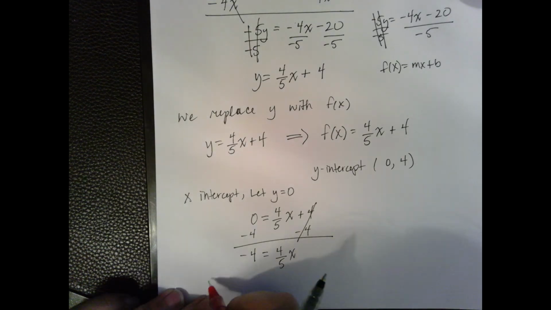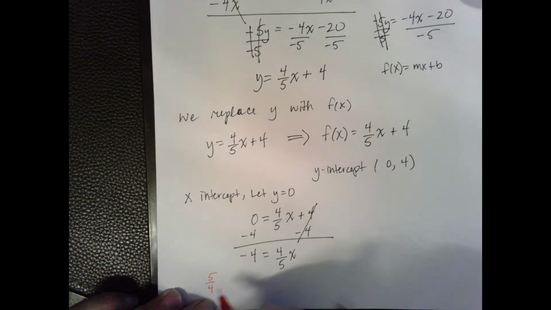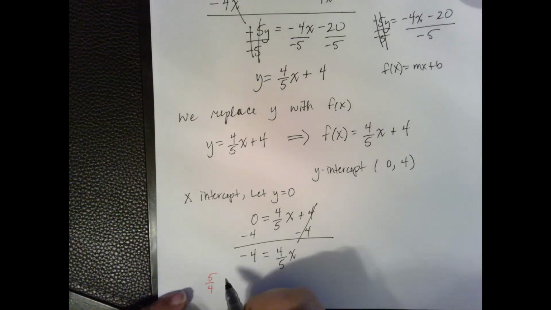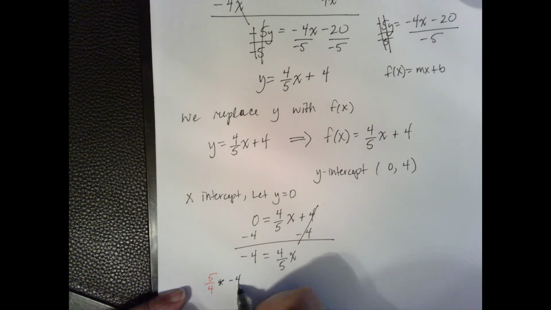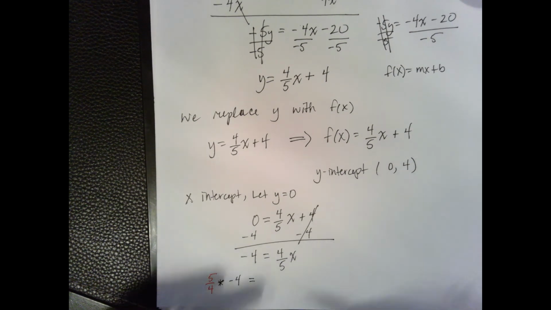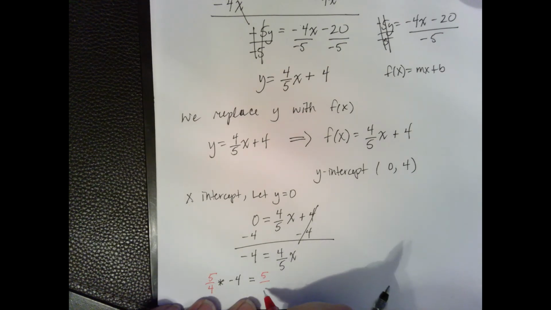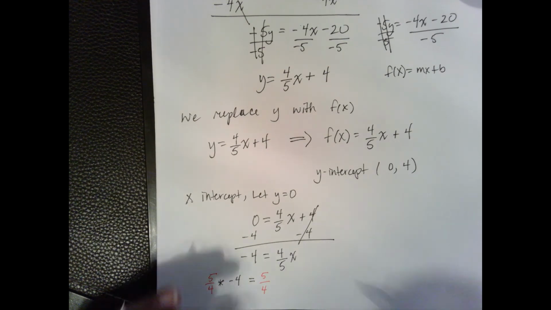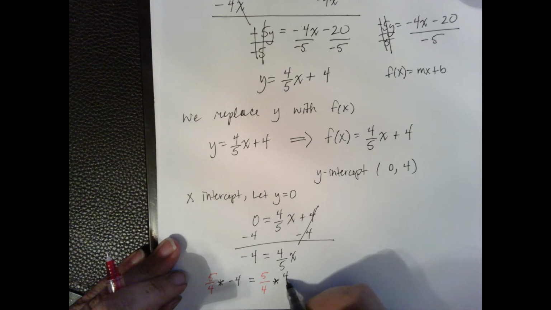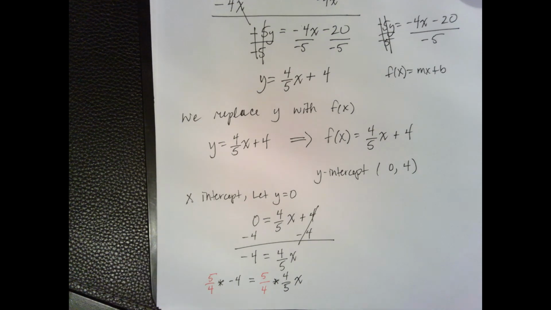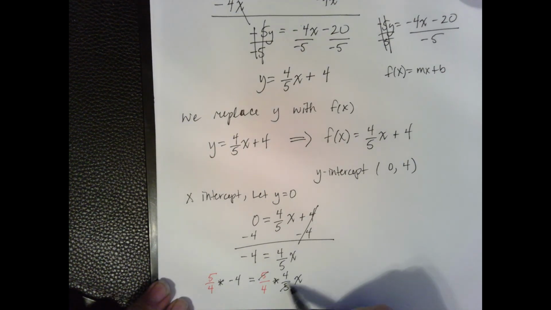So I am doing 5/4 times negative 4 equals 5 over 4 times 4/5 x. Okay. Remember, the entire point of this is 5 divides by 5 and 4 divides by 4.